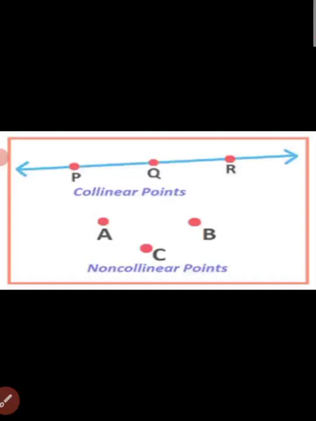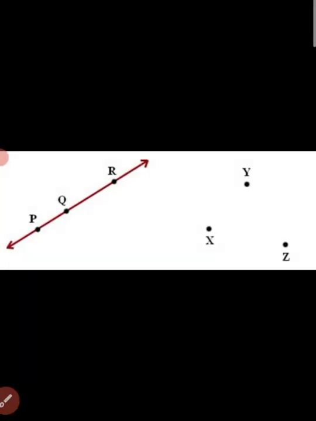But if you observe point A, point C and point B, these are not located on the same line. These are in different positions. So, these are the example for non-collinear points.